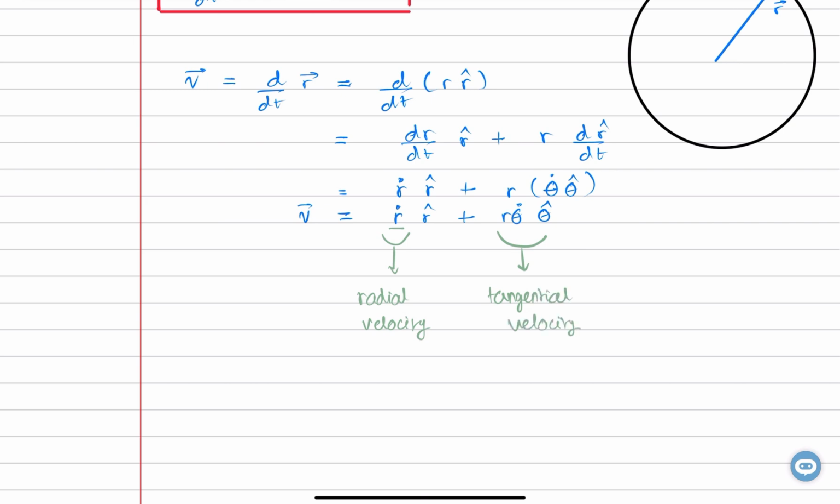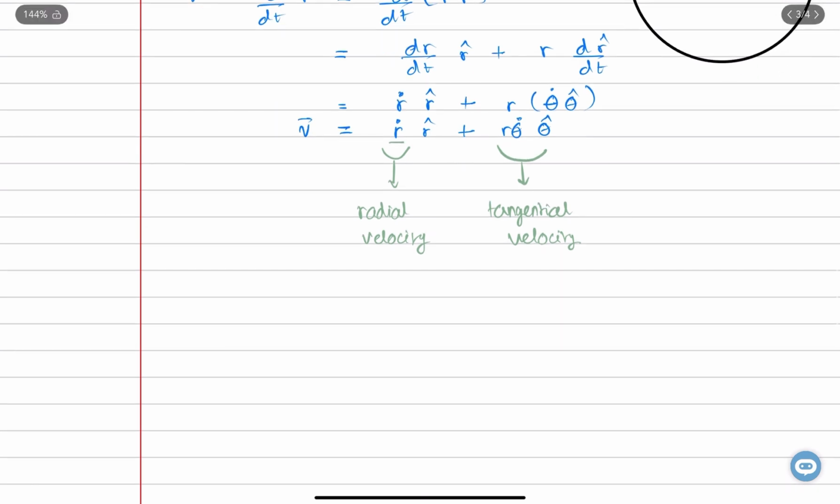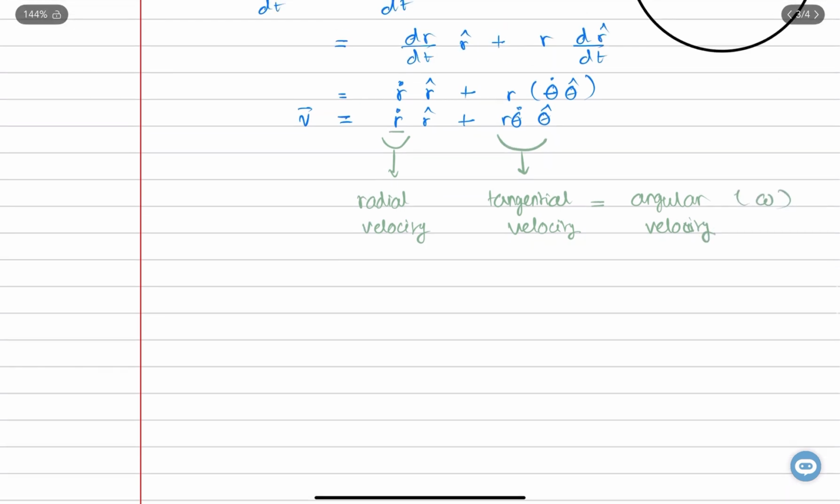right? And this quantity r theta dot has come up again and again, so it turns out it's useful to give it a name. And this tangential velocity is sometimes referred to as angular velocity, right? Because it's telling us how fast the angle is changing, and we denote it by omega. So in other words, omega is equal to r theta dot.